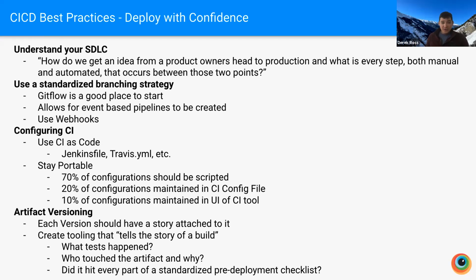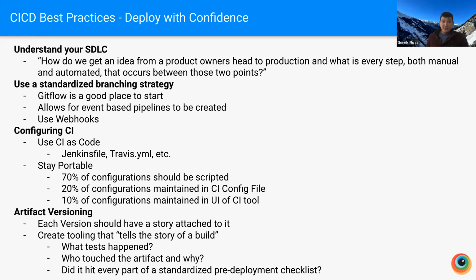The way I like to do it, based on my experiences as a DevOps engineer having to constantly move things and rebuild new pipelines for other teams, is I like to keep 70% of my configurations as scripts. Typically, I like to use Node.js, but you can use Bash, you can use Groovy, whatever language you like to use for scripting.